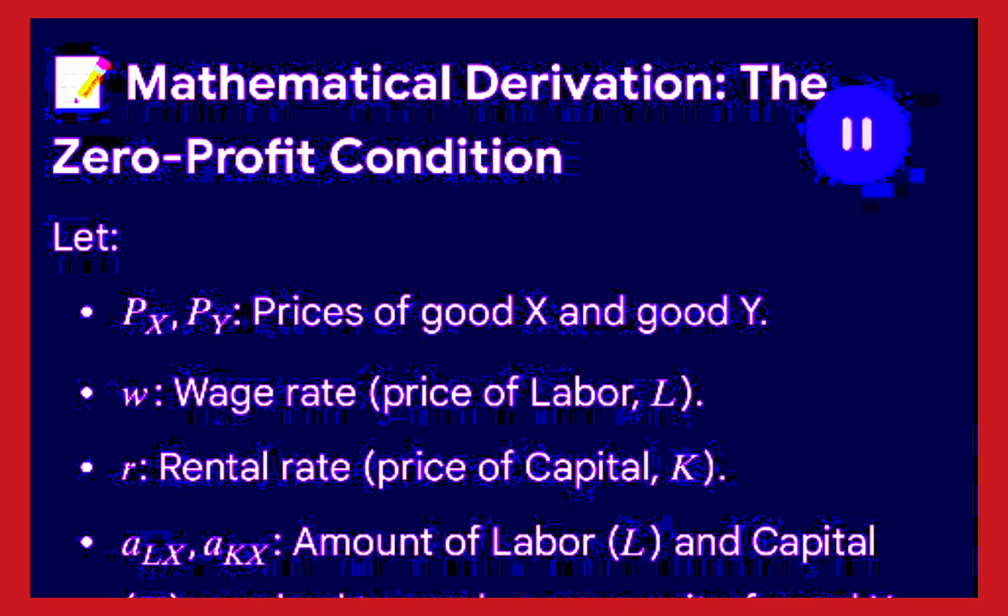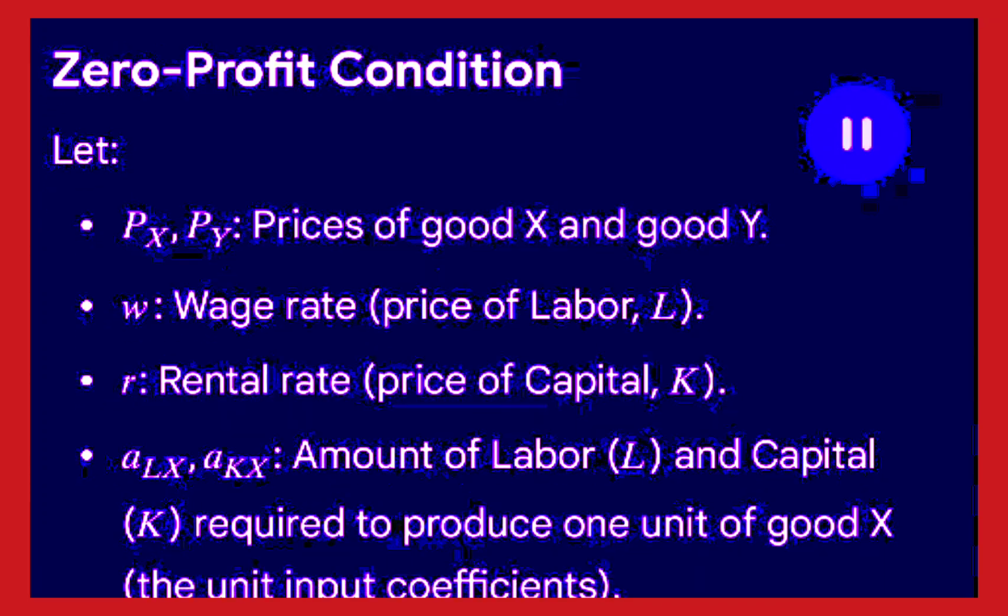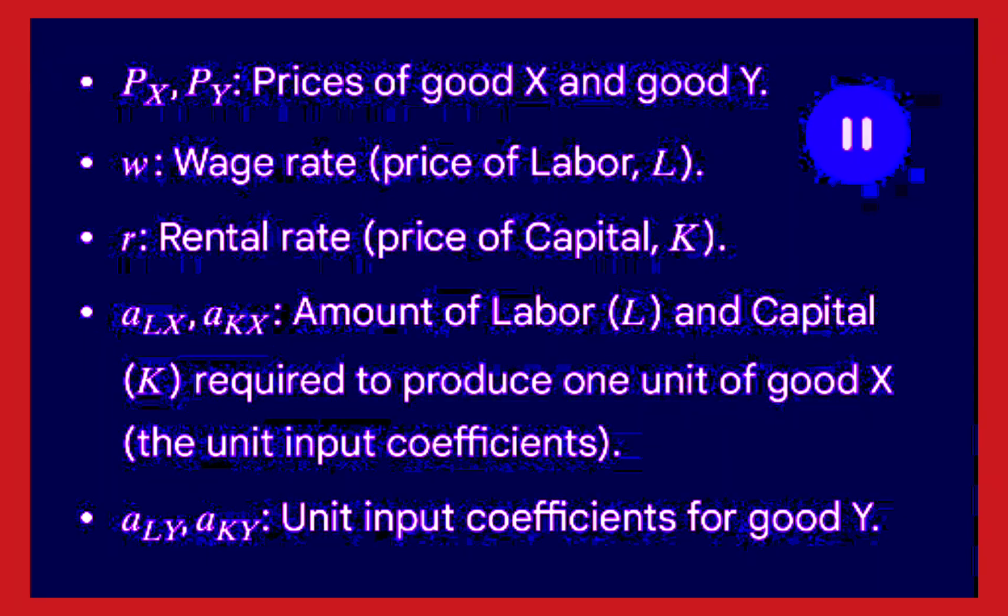Let Px, Py be the prices of good X and good Y; W, the wage rate, the price of labor L; R, the rental rate, the price of capital K; A_LX and A_KX, the amount of labor L and capital K required to produce 1 unit of good X, the unit input coefficients; A_LY and A_KY, the unit input coefficients for good Y. 1.